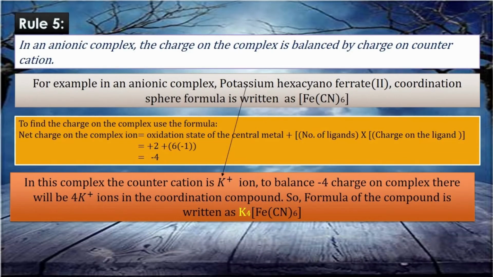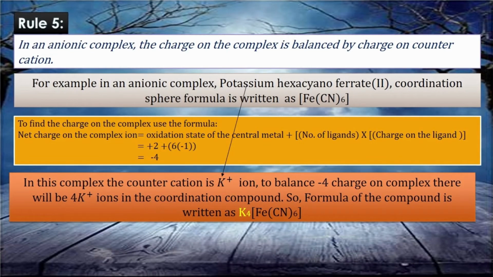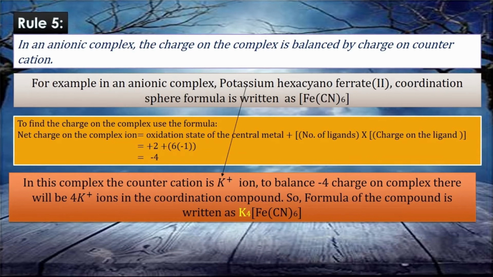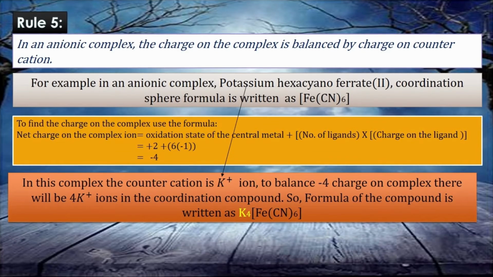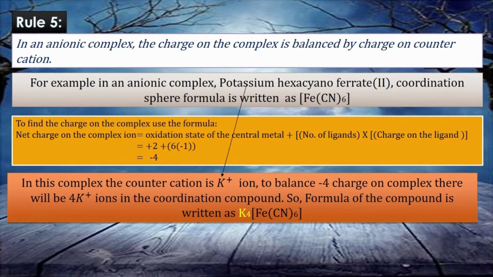Now we will see in specific how to balance the charge on an anionic complex. We know an anionic complex will carry a negative charge, so it can be balanced by the counter cation.